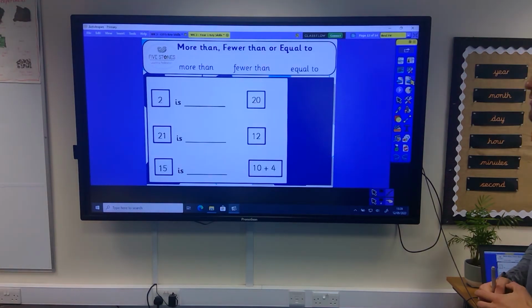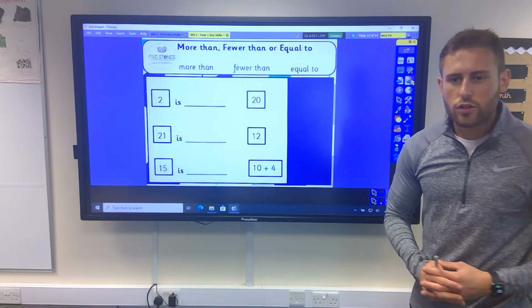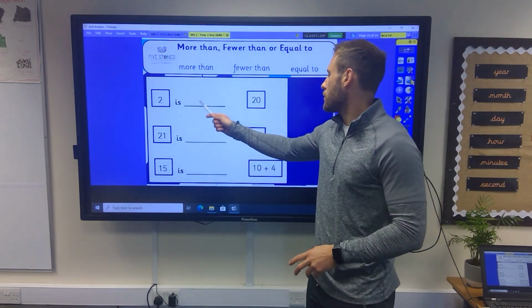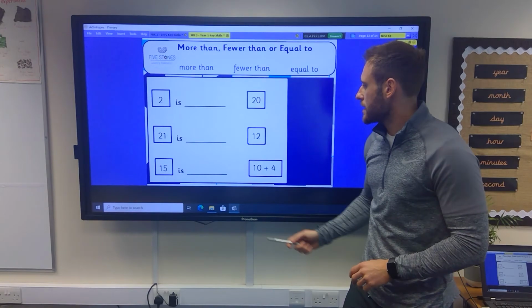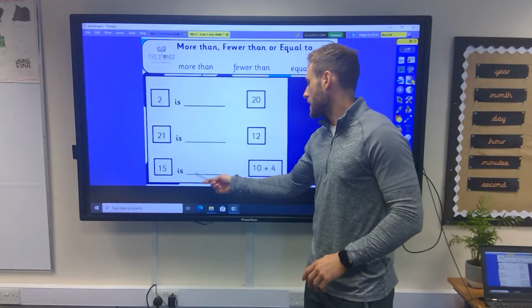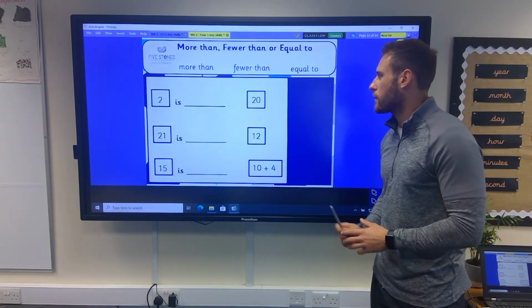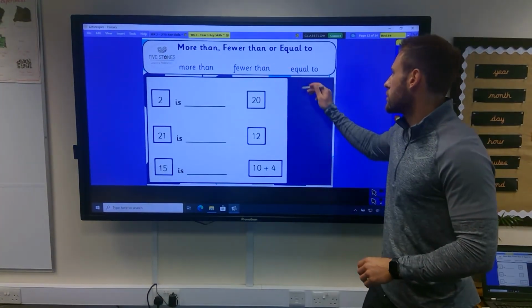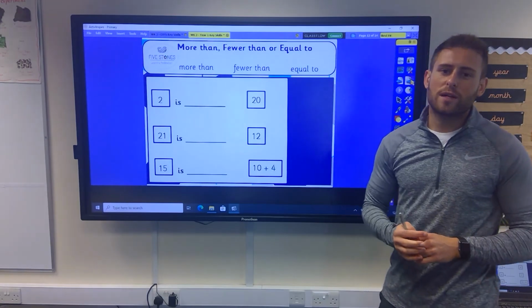Our last activity, everyone. You have got 3 sets of numbers to compare. We've got 2 and 20, 21 and 12, 15 and 10 add 4. You need to figure out whether more than, fewer than, or equal to needs to go into that gap.